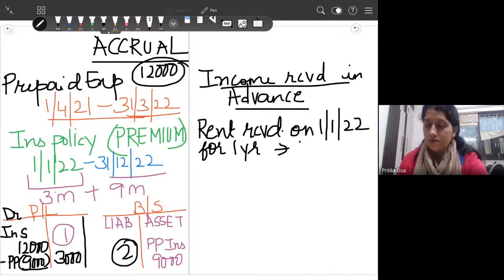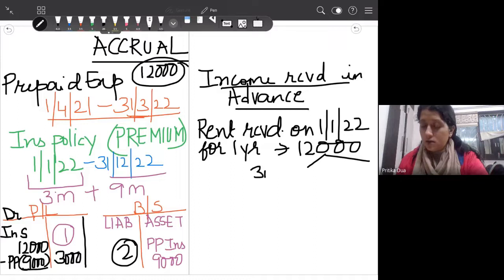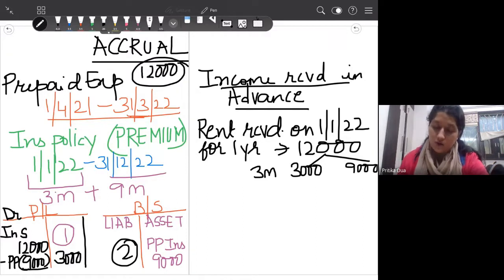And for simplicity, I'm taking the same amount, 12,000. So the firm is receiving advance payment of rent for 1 year, 12,000 on 1st January 2022. We already know that 3 months rent is for the current financial year and remaining 9,000 is for next financial year. So this is a case of income received in advance.